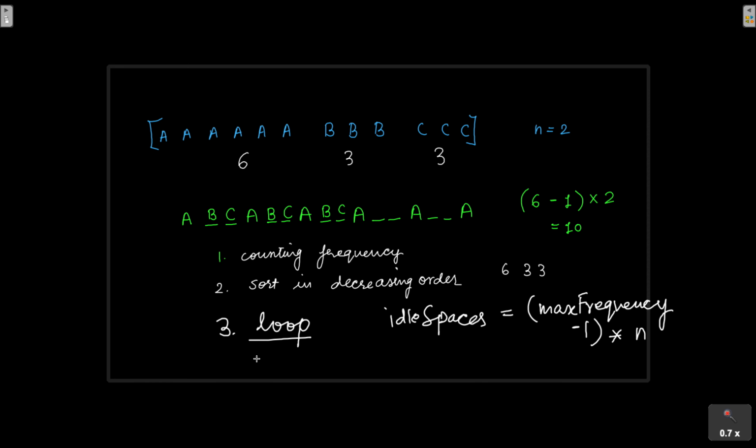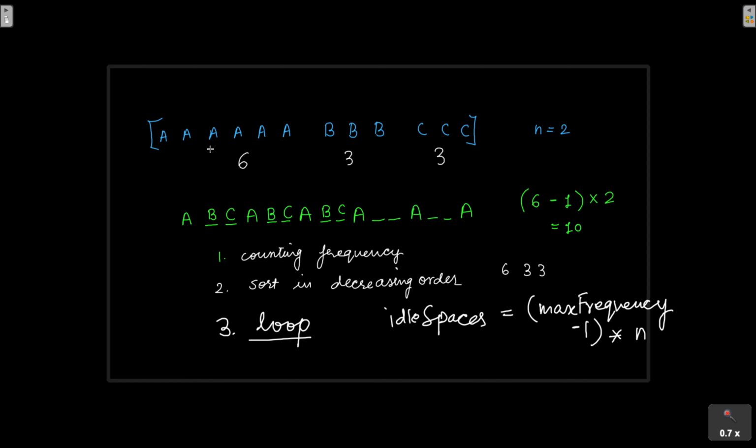Then we run this loop, and in every step, we are going to decrease the number of idle spaces available. The number of idle spaces available will be decreased by the frequency of these characters that would come in each iteration of the loop.